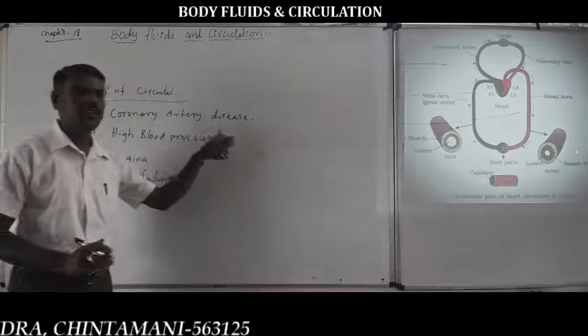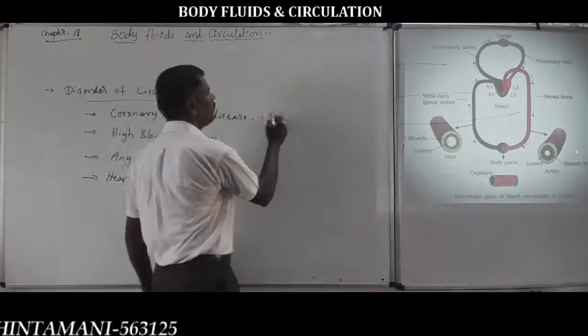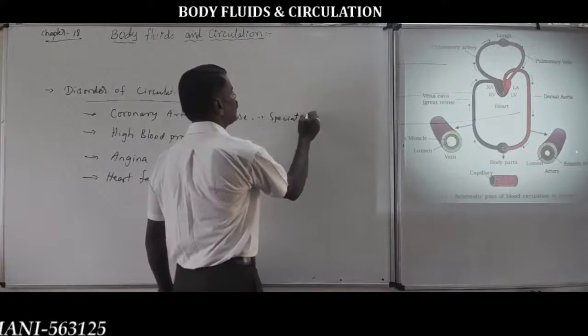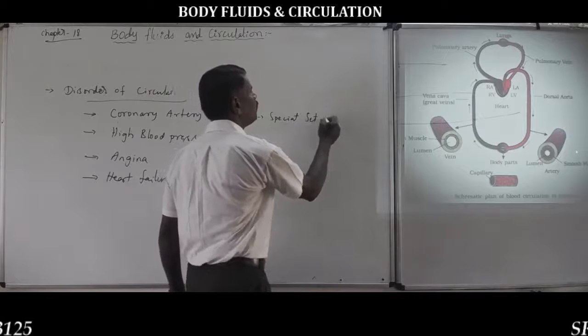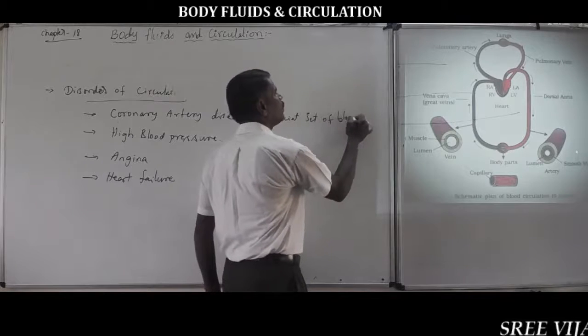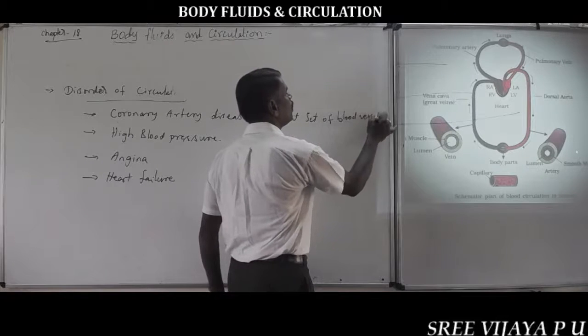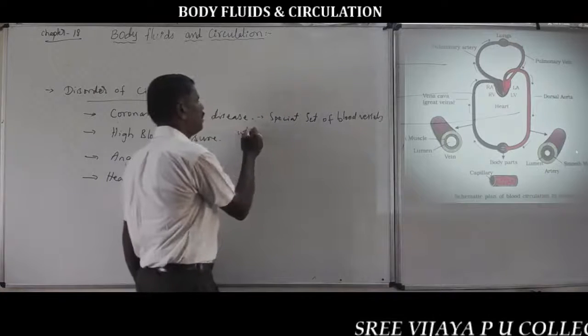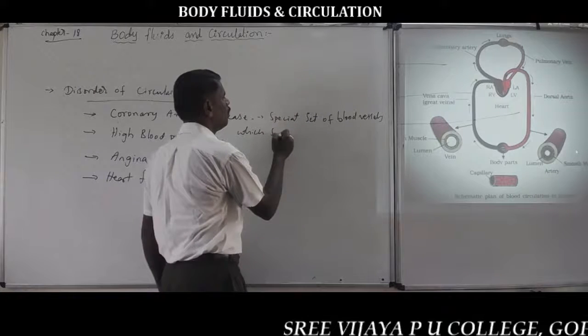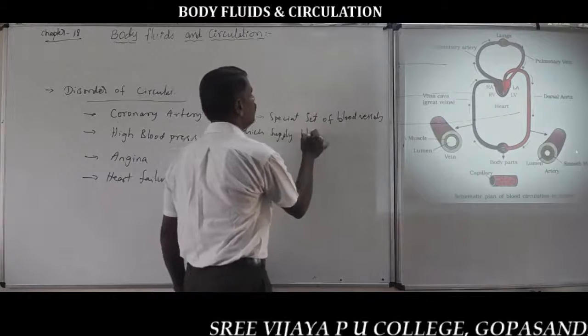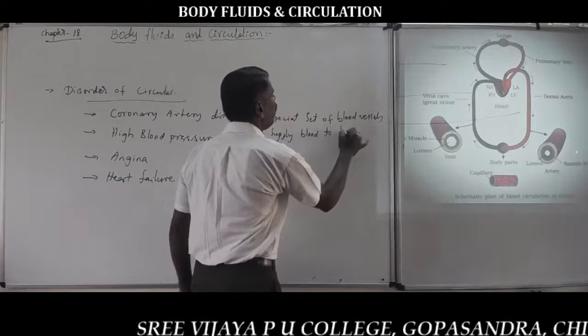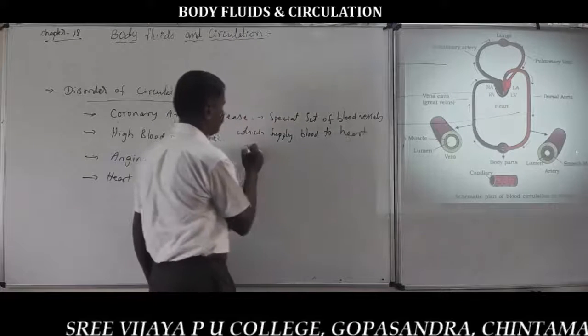Coronary artery disease is nothing but a disease of a special set of blood vessels which supply blood to the heart muscles.